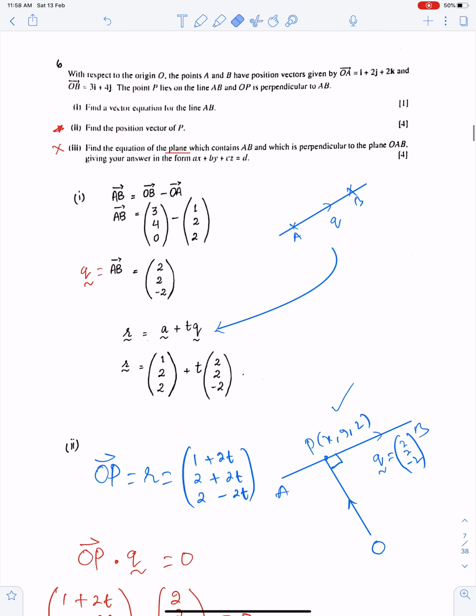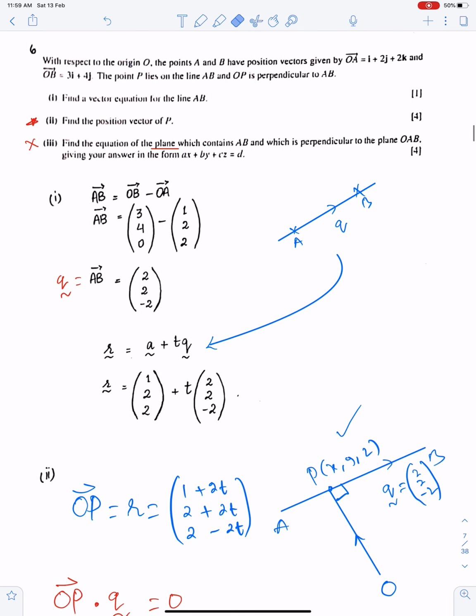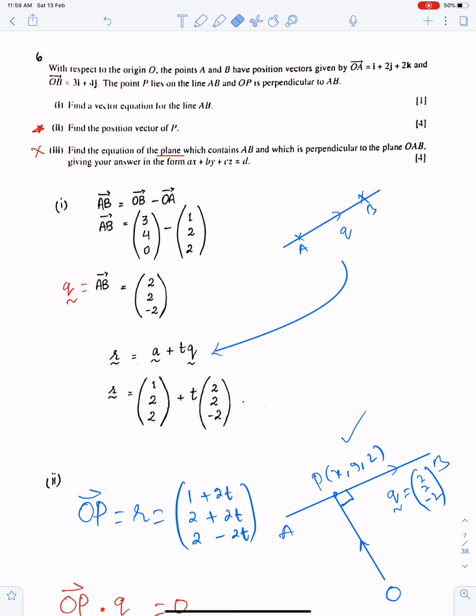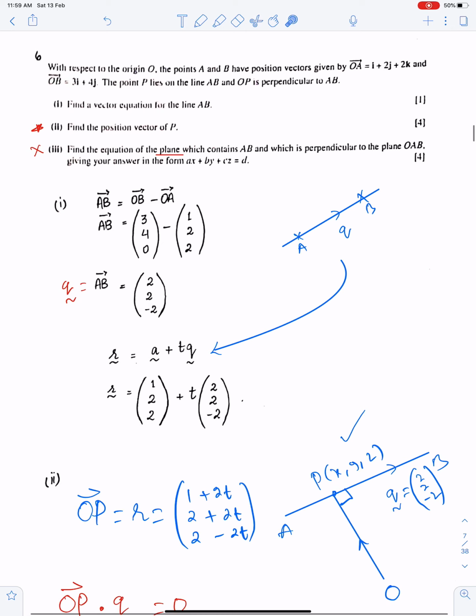Next question is 6. With respect to the origin, the points A and B have position vectors a and b. The point P lies on the line AB. This is the rough sketch. The point P lies on AB such that OP is perpendicular to AB.